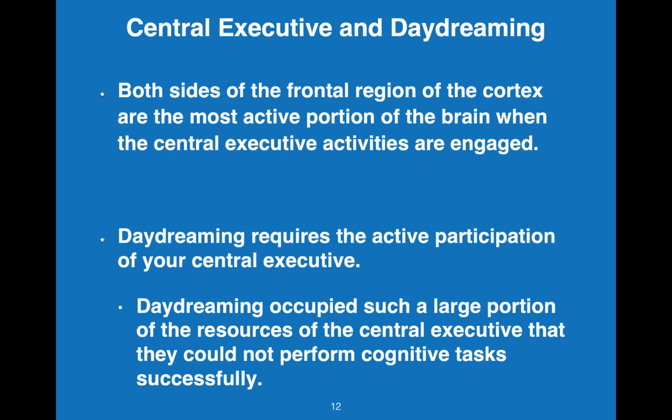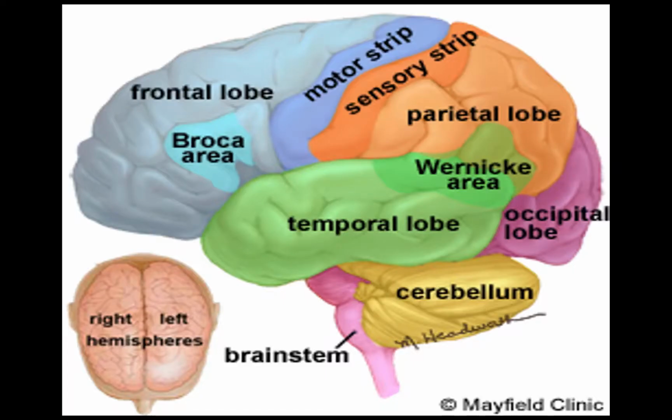So the central executive is active when you plan the order of topics in your outline. The central executive guides you as you make decisions about your time frame for writing the paper. As I mentioned, both sides of the frontal region of the cortex are the most active portion of the brain when the central executive activities are engaged.